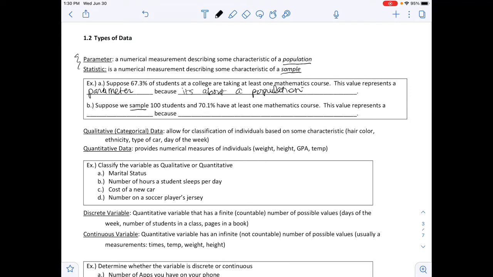Since we have a sample, the value is now going to represent a statistic. And the reason why is because it's discussing, so it's about a sample.